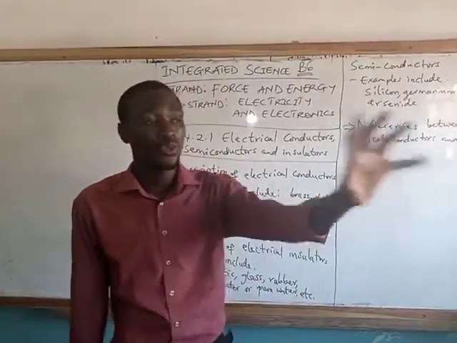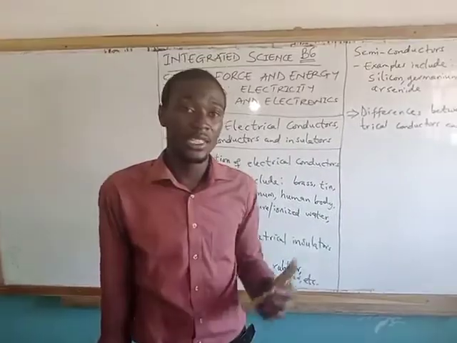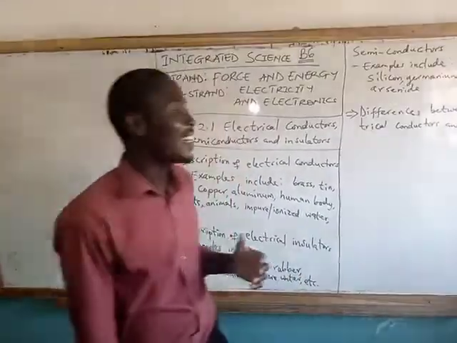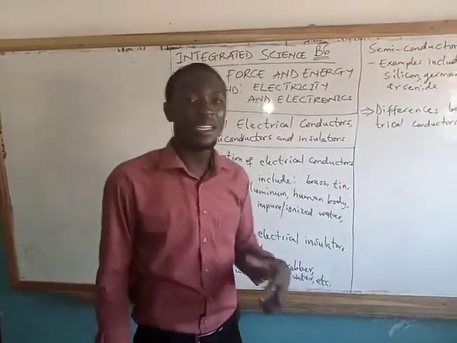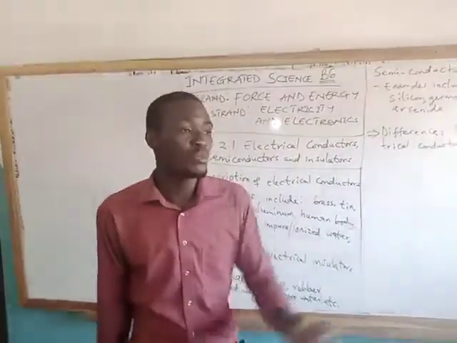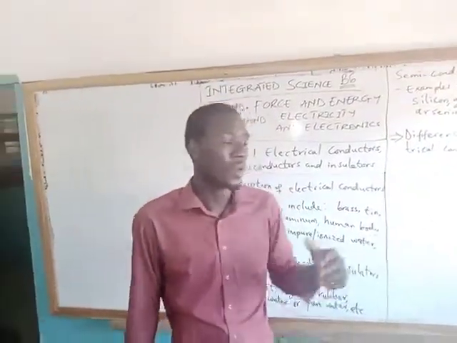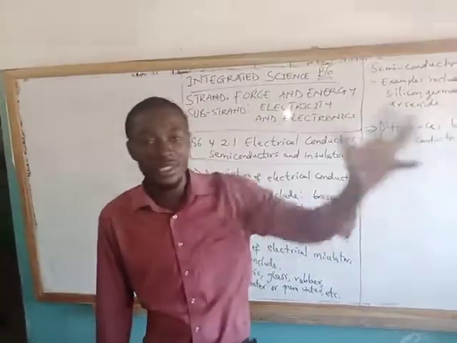That's why when you touch a naked wire, you get shocked or you get electrocuted. Why? Because the human body is also full of ions, which are able to conduct electricity to the various destinations.